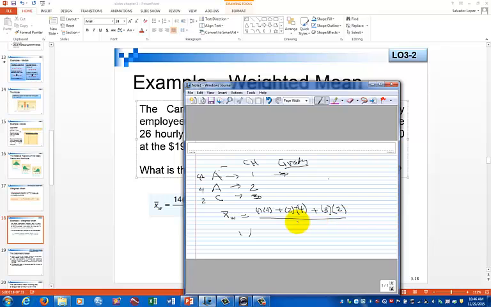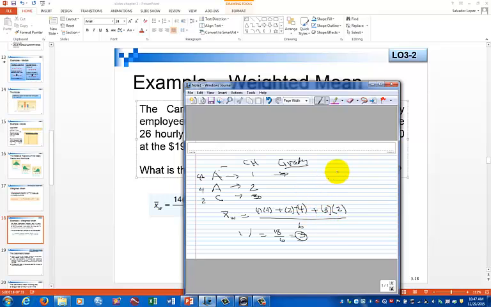And then we add the weights 1 and 2 and 3, the credit hours in this case. That'll be 6. Then the numerator is 4 plus 8 plus 6, which is 18, divided by 6, that gives us a 3. So the GPA should be a 3.